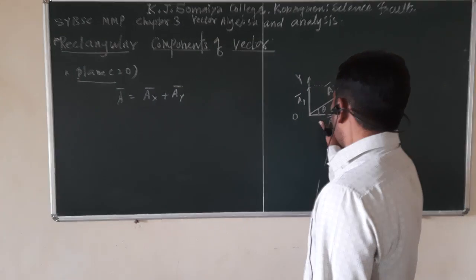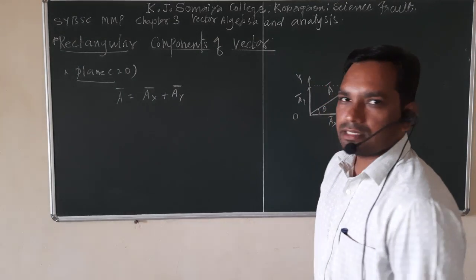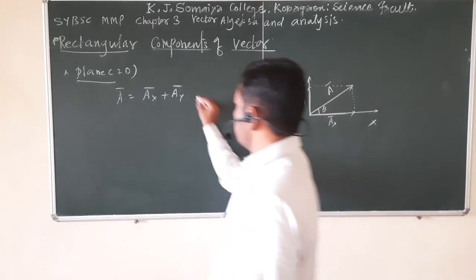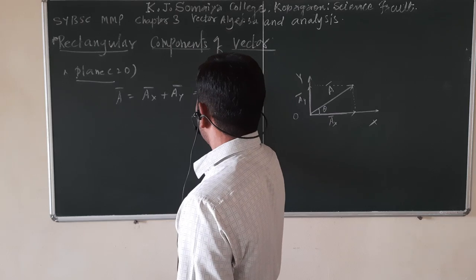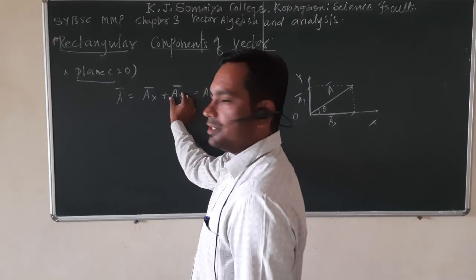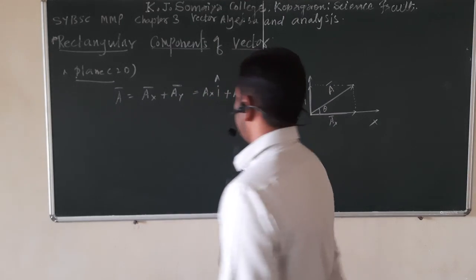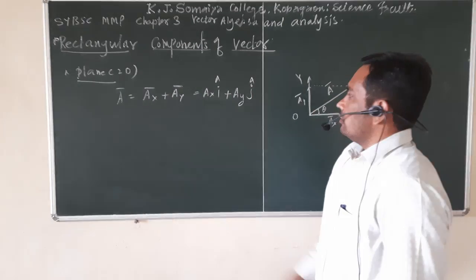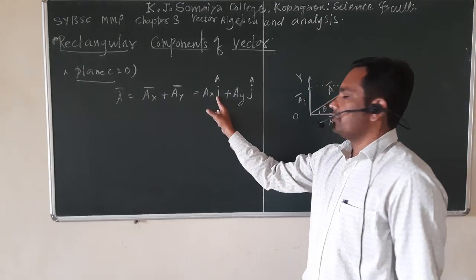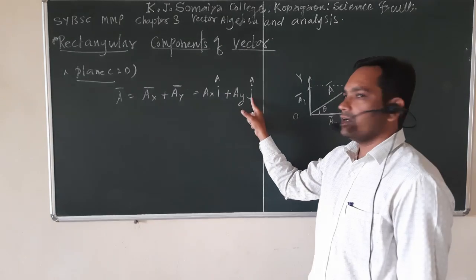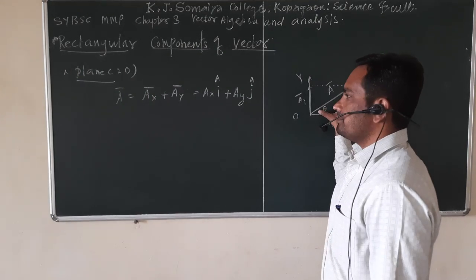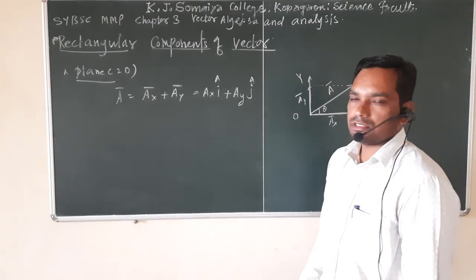Here, the horizontal component Ax, we can write in terms of unit vector as the magnitude of Ax multiplied by i cap, plus the magnitude of Ay into j cap. So Ax i cap is nothing but vector Ax. i cap is the unit vector along the x-axis, and j cap is the unit vector along the y-axis. In this way you can represent any vector by its rectangular components.